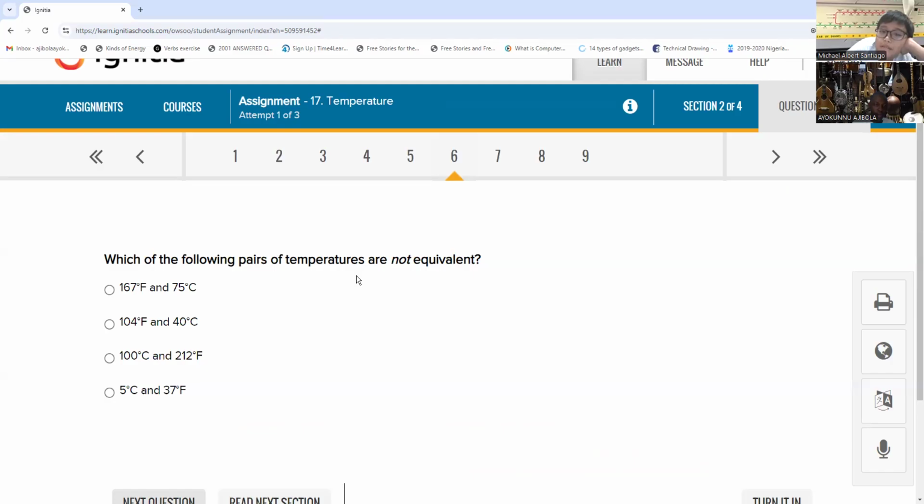This is 75, so they are equivalent. Let's change the other one, 104 minus 32, then times 0.5556, that's 40. They are also equivalent. Then what about 100 and 112? They are also equivalent. But 5 and 37 are not equivalent, okay?